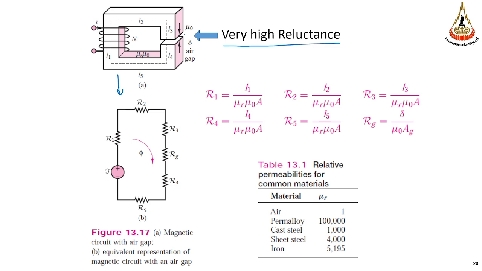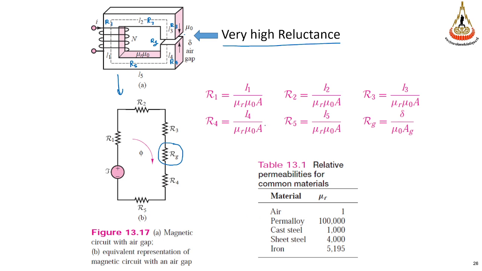This is the magnetomotive force, and this is R1. This is R2. This is R3. This is R4. And this is R5. And this is RG, the reluctance of the gap here.